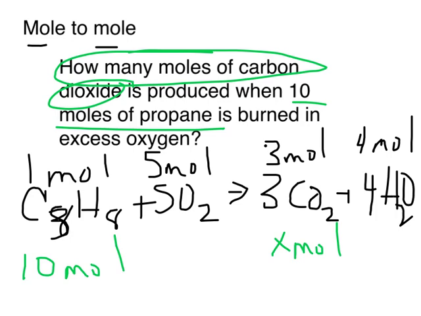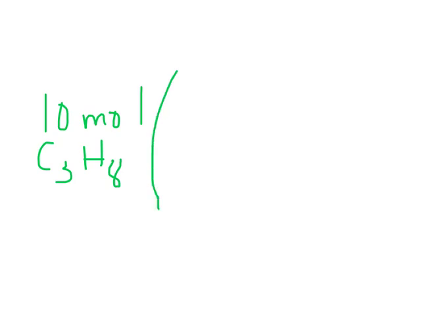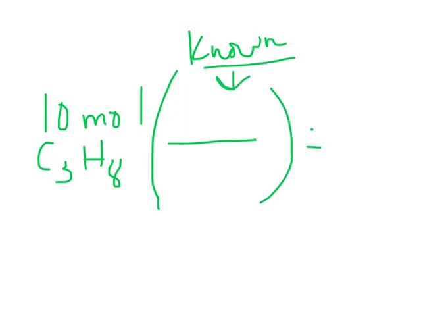So I'm going to set up the math. It starts with 10 moles of propane, and then in my conversion brackets, as I call them, you want to put the ratios or the knowns. The knowns are the only things that go in the brackets. My answer is how many carbon dioxide, so moles is CO2. What's the relationship between propane and carbon dioxide?